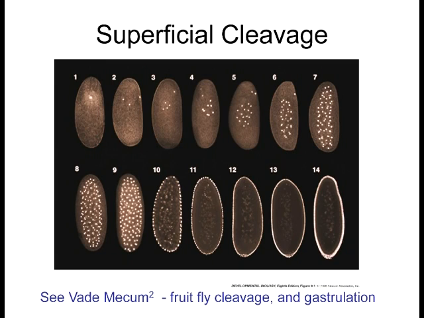Okay? The initial stages of cleavage, the first 12 occur very, very rapidly, every, I believe, 8 minutes or so. And then there comes a point where it slows down. About the 13th cell division, it starts slowing down.